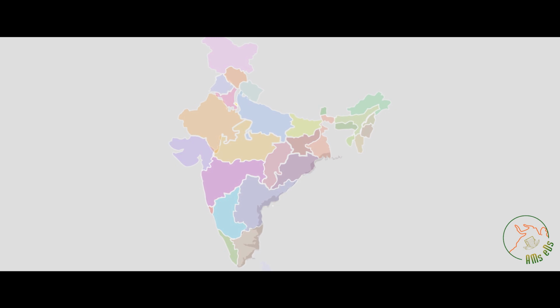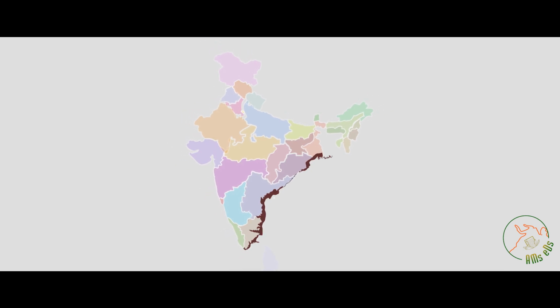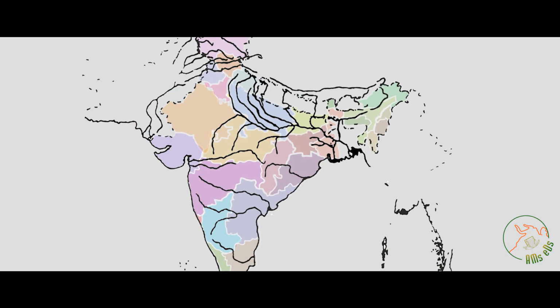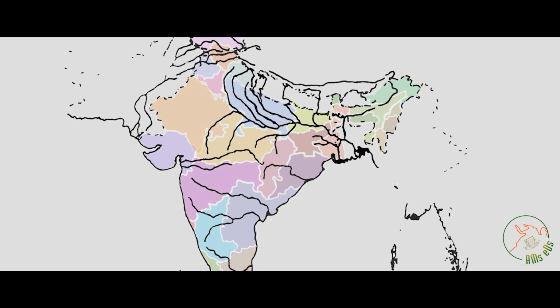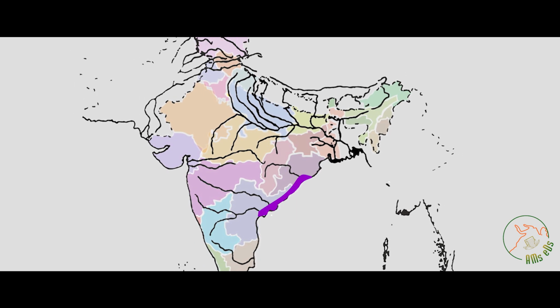There is coastal alluvium along the coast. So, students should be wise enough to understand where the marking has to be done with reference to the question. If it is alluvial soil in the south, you won't mark the Gangetic plain but the eastern coastal plain from Mahanadi to Kaveri.